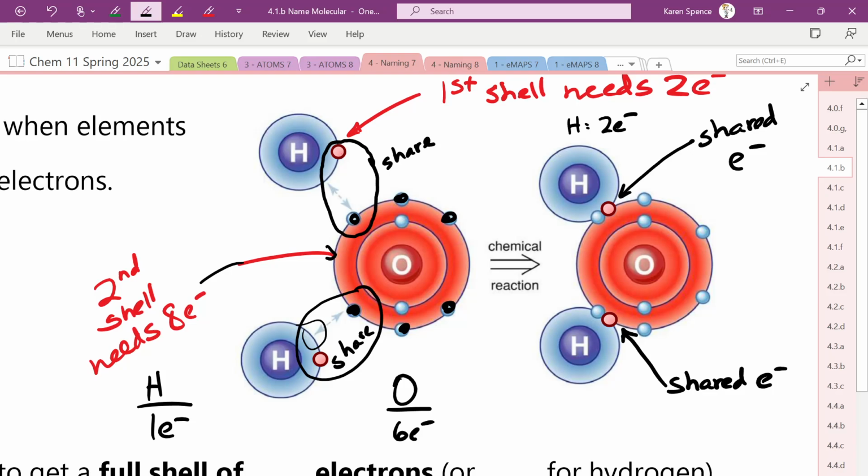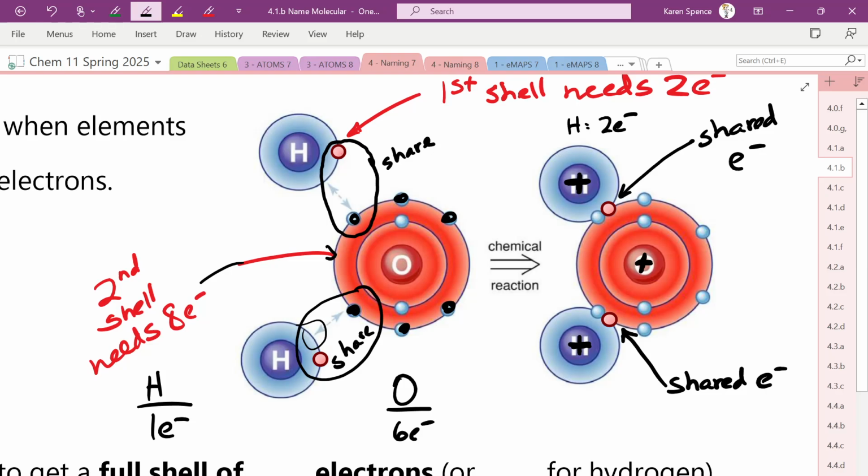Okay. In the nucleus, what are the particles in the nucleus? Protons and neutrons. What charge are protons? Positive. P for proton, P for positive. Neutrons are neutral, which means their charge is 0. So if you have positive things and neutral things, what's the overall charge? Positive. Okay, so the nucleus is positive. And that's for oxygen and also for hydrogen. All nuclei are positive.